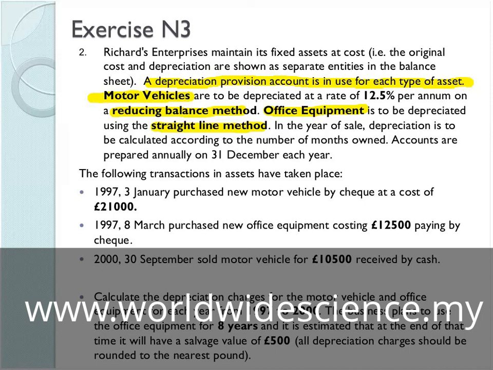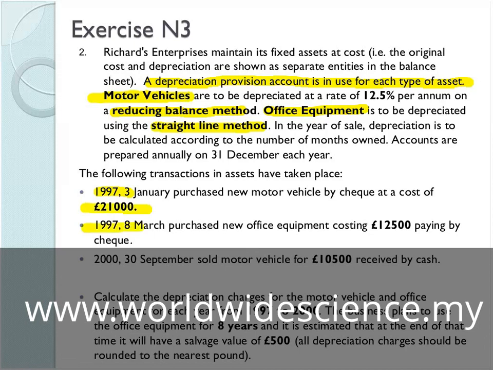In the year of sale, the depreciation is to be calculated according to the number of months owned. Accounts are prepared annually on the 31st December each year, right? The following transactions in assets have taken place. On the 3rd of January 1997, they purchased a new motor vehicle by check at a cost of 21,000.